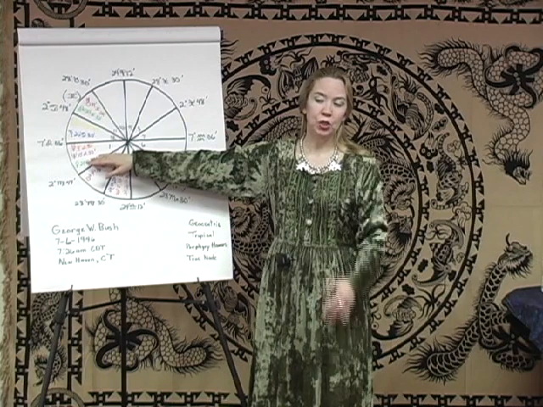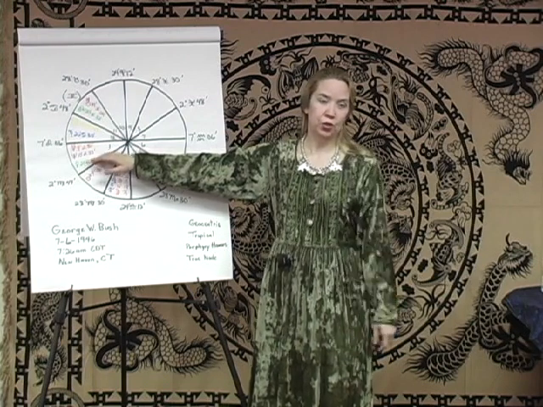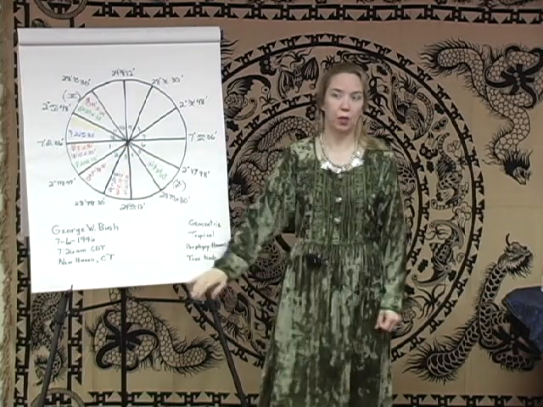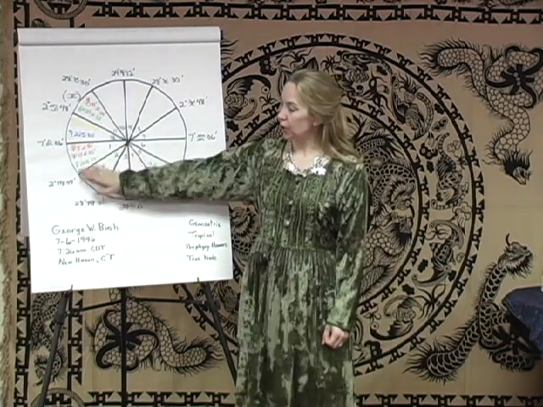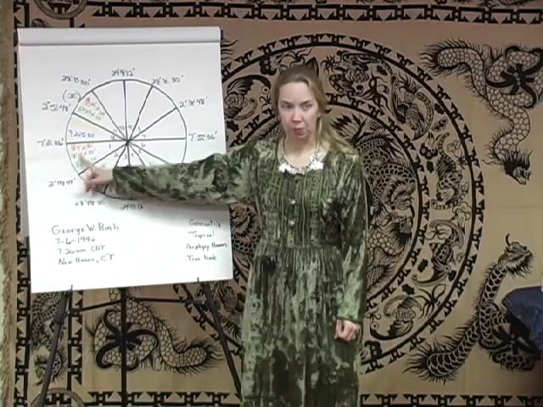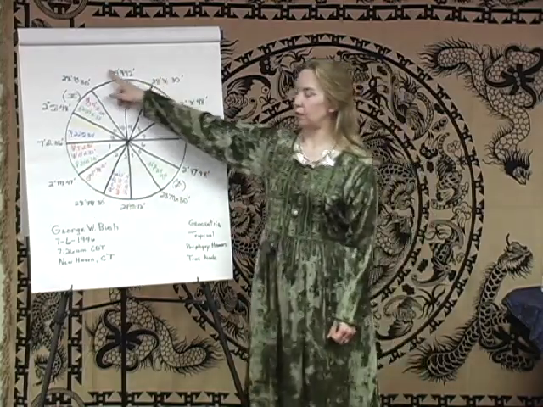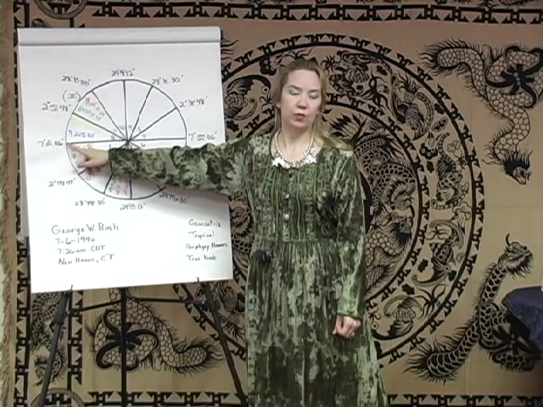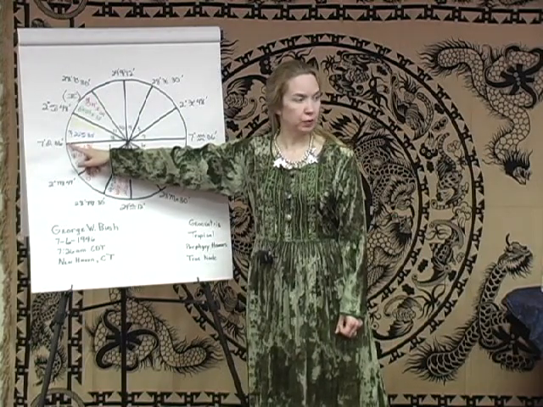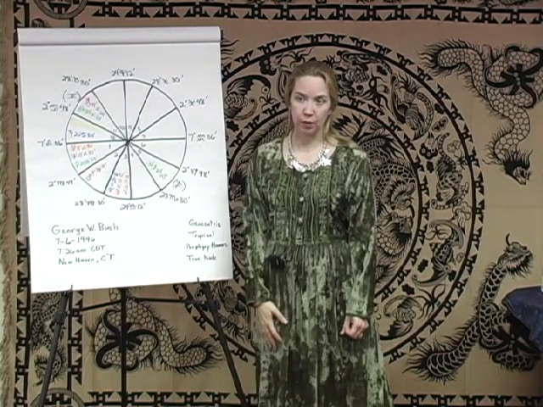And so you look at what the phasal relationship is comparing Mars to Pluto. If we want to look at this with George Bush's chart, remember you go counterclockwise to find the phase the faster moving planet is in compared to the slower moving planet.